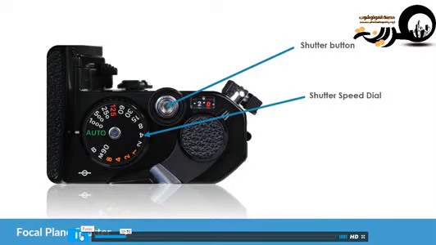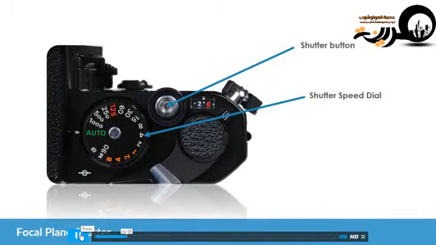So you can see we set the time by changing the shutter speed dial. So we pressed the shutter button, and the focal plane shutter opened up for the duration of time that we selected on the top of the camera. Is everybody with me so far? Quite basic, but just so that we understand how the shutter speed works.